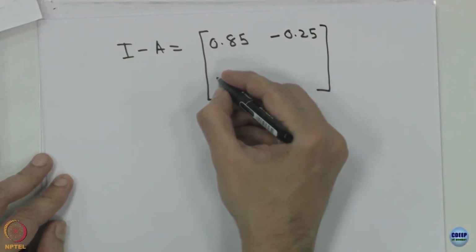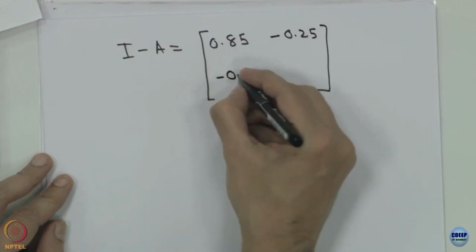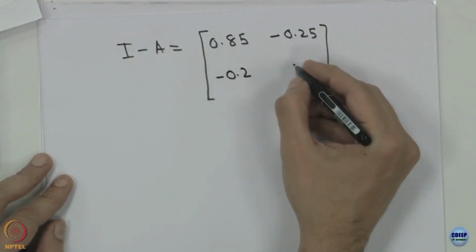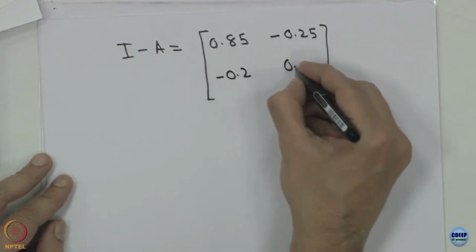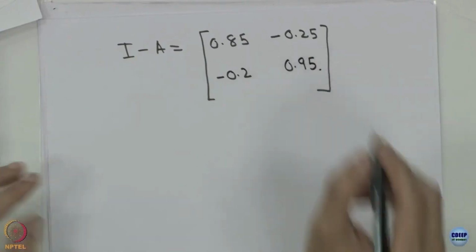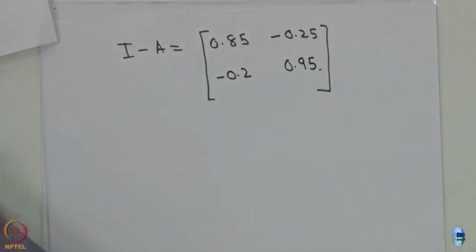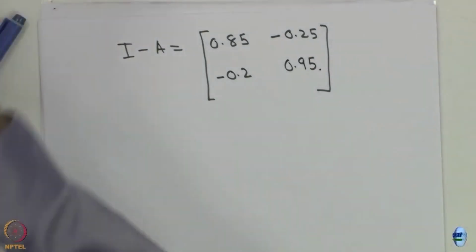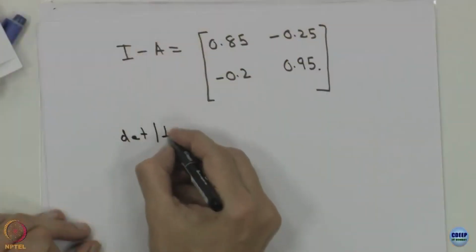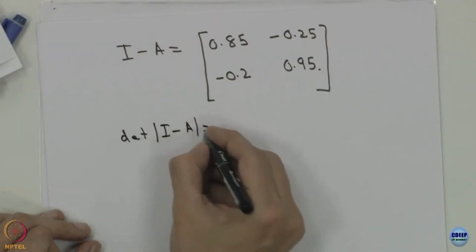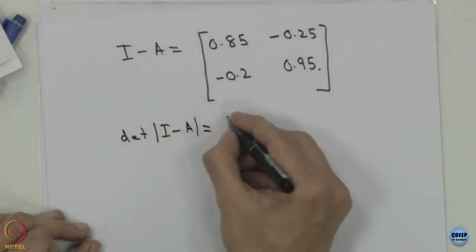This is 0 minus 0.2, so it is minus 0.2, and 1 minus 0.05 is 0.95. This is I minus A, and we want to calculate its inverse. You can check the determinant of this I minus A.